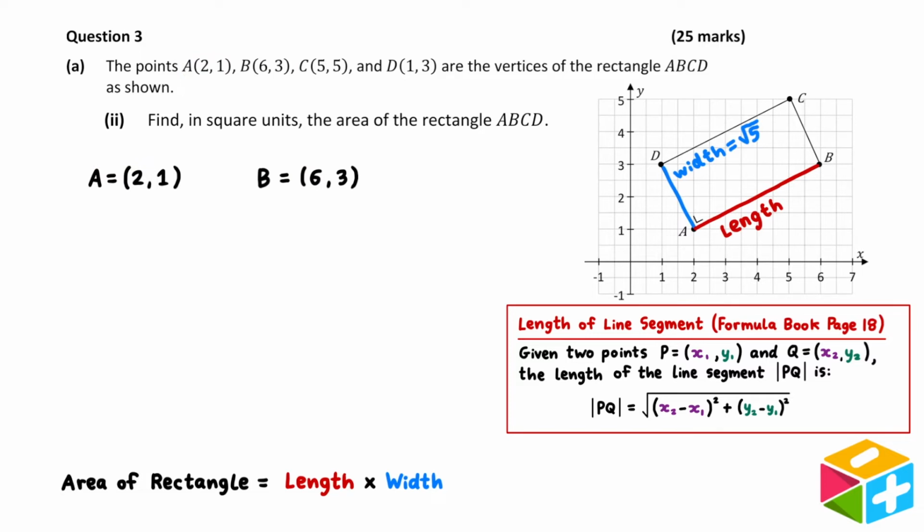To use our formula, we're going to label the first point x1, y1, and the second point x2, y2. From here, we'll sub in the values into our formula and do some calculator work.